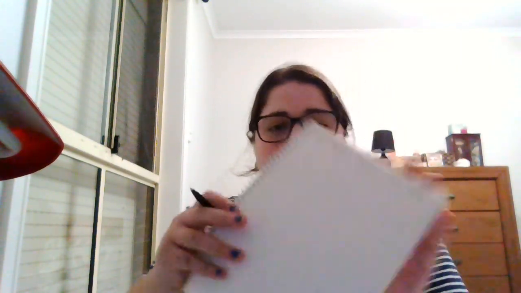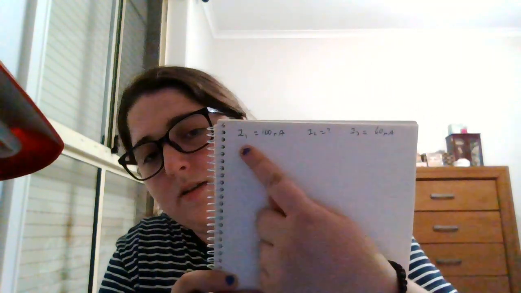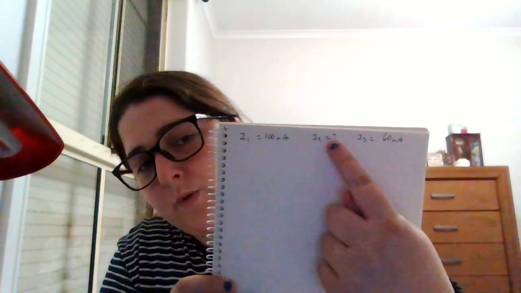So I1 equals 100 milliamps, I2 is unknown, and I3 is 60 milliamps. Okay, so we have information there.